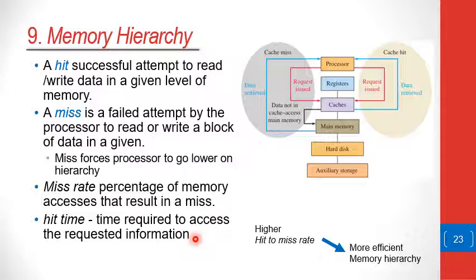So an efficient memory hierarchy would be one with a higher hit rate, a lower hit time, and a very low miss rate. This would result in a more efficient memory hierarchy.